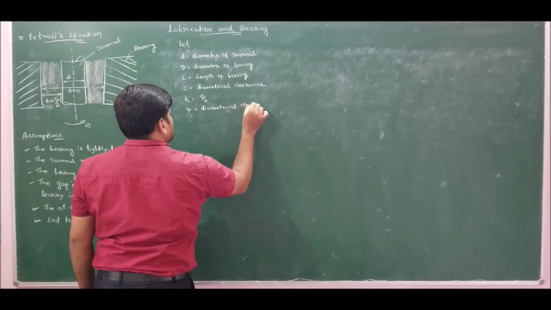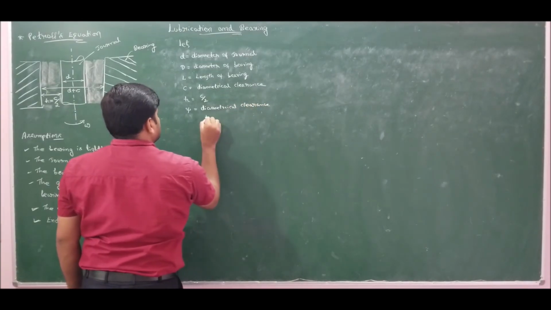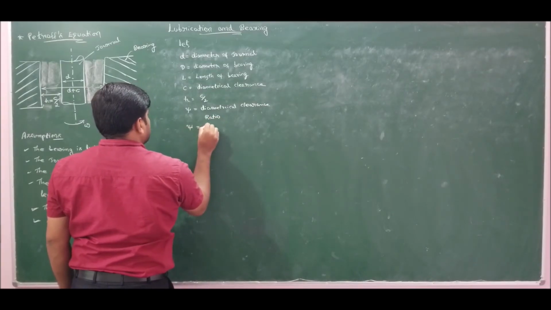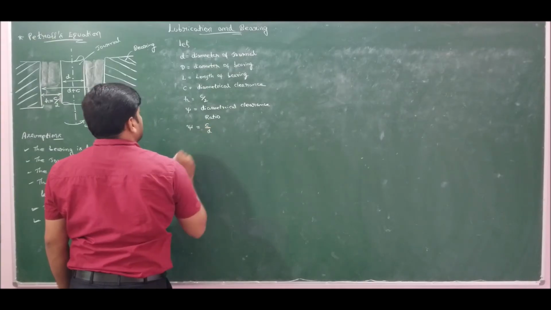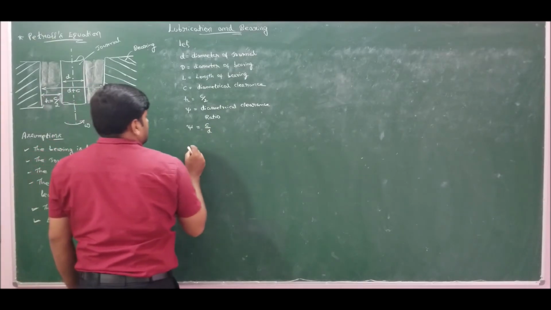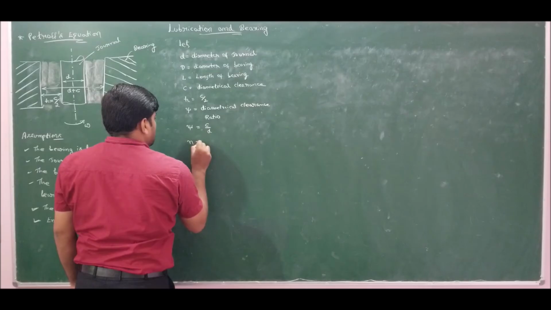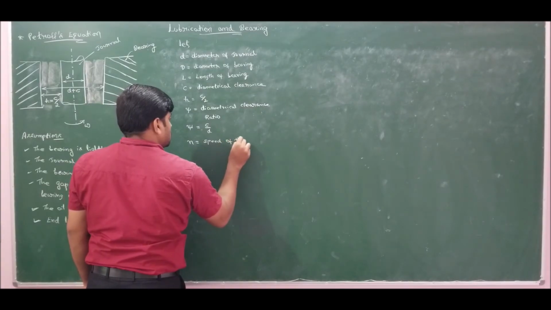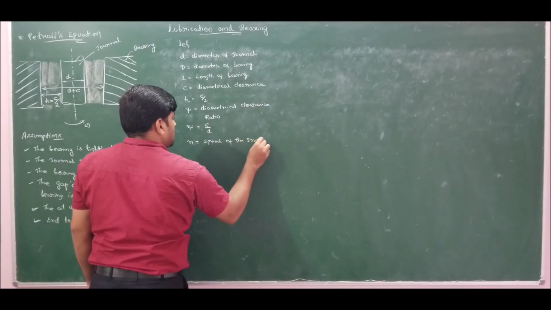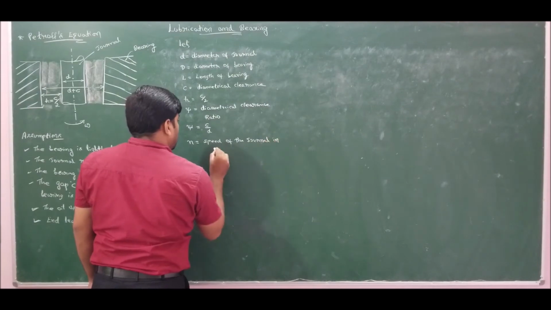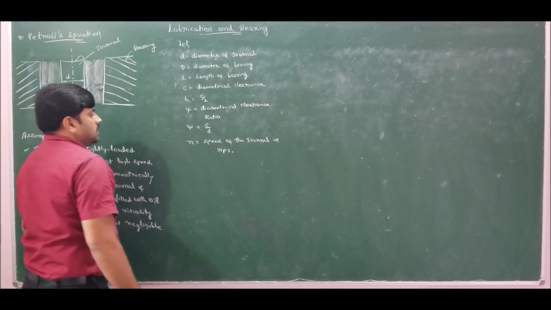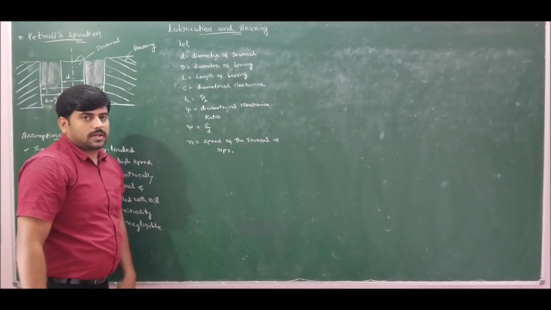Hence xi is equal to the diametrical clearance divided by the diameter of the journal, and let small n be the speed of the journal in RPS, revolutions per second. Capital N stands for revolutions per minute.